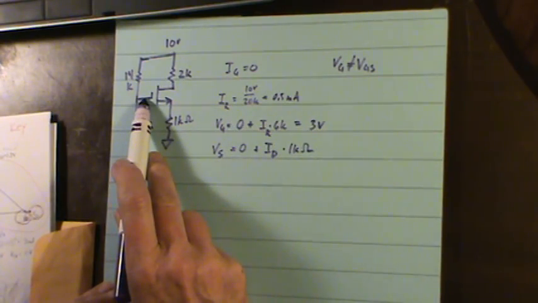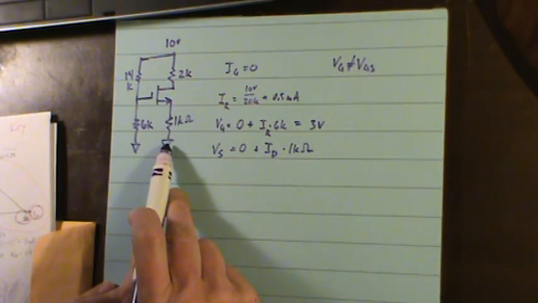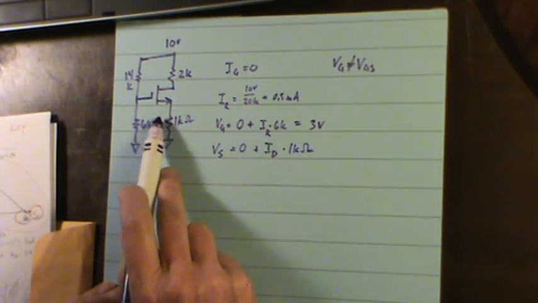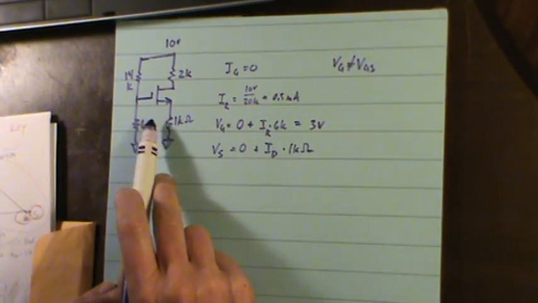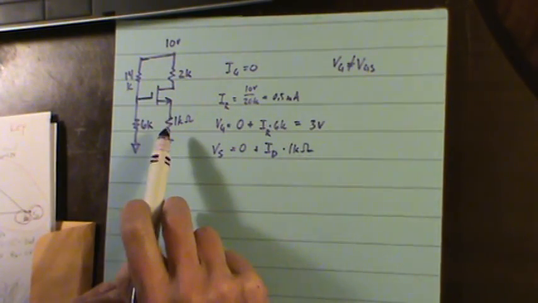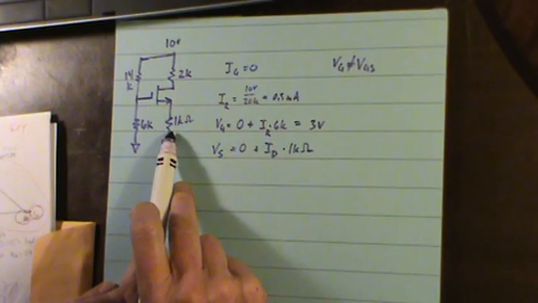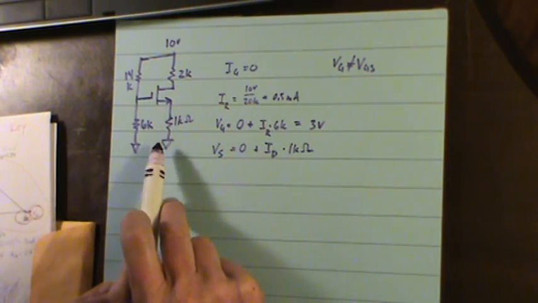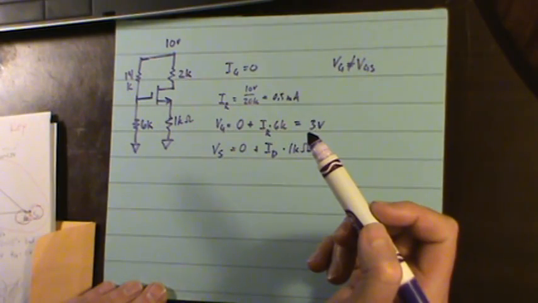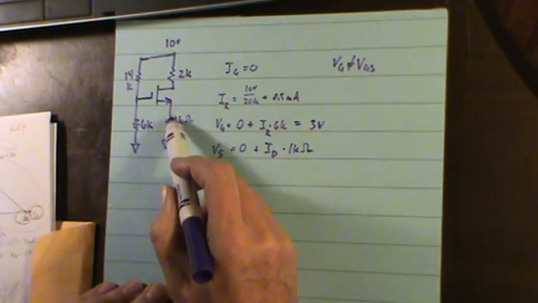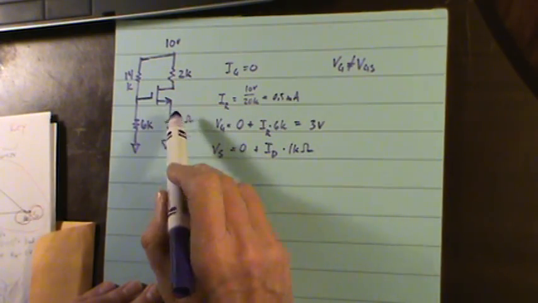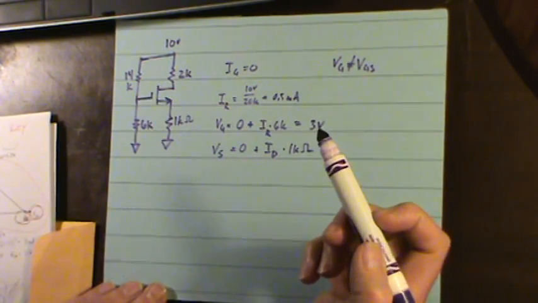I've got 3 volts here. I've got ground down here, and the first thing is to check and see, is this transistor on? There's certainly 3 volts on the gate. Devil's advocate, if it's not on, then there's no current flowing through there. If there's no current flowing, then the voltage across this 1K ohm is 0, so I'd have 0 volts here and 3 volts there.